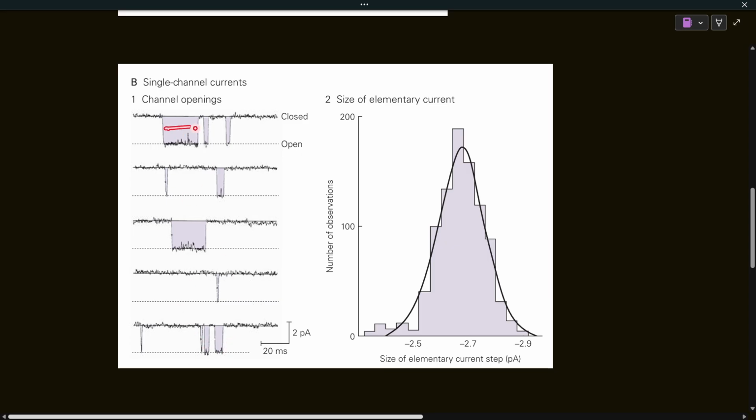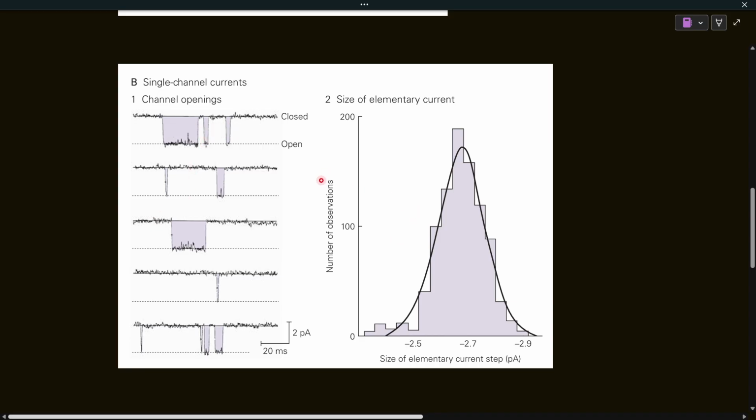But the duration for which the ion channel is going to open, and the time between the opening of two channels, is different. Here you can see one ion channel opened, and after t2 seconds the next ion channel opened. Here the first ion channel opened, and after t1 seconds the second ion channel opened, and we know that t1 is not equal to t2. Then again, the duration for which each ion channel was open is different.